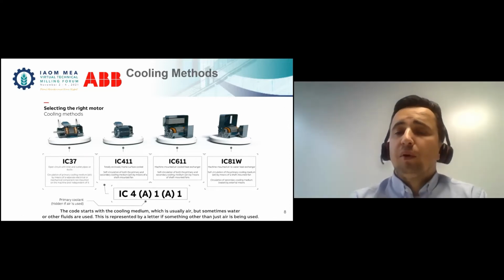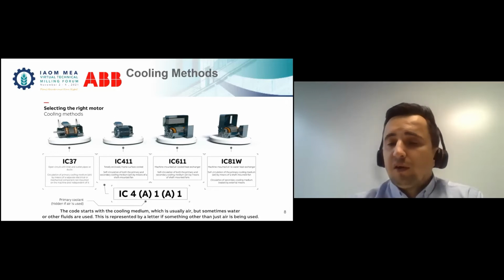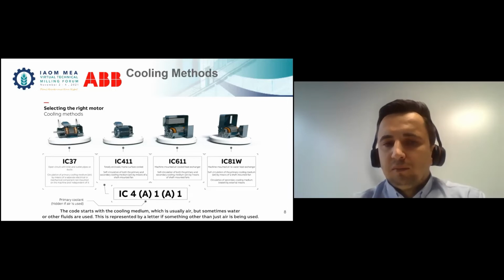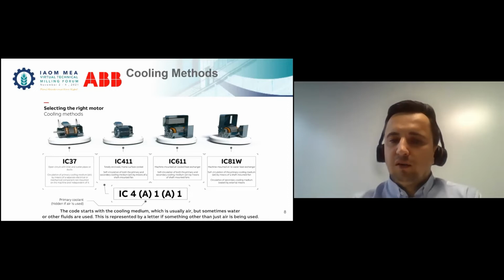This is just an example. Forced ventilation is used if you have an extruder, as an example, and you are running the extruder with the nominal torque but at half speed. A self-ventilated motor at half speed is not generating enough cooling power because the fan is connected to the shaft and the shaft is not rotating at full speed.